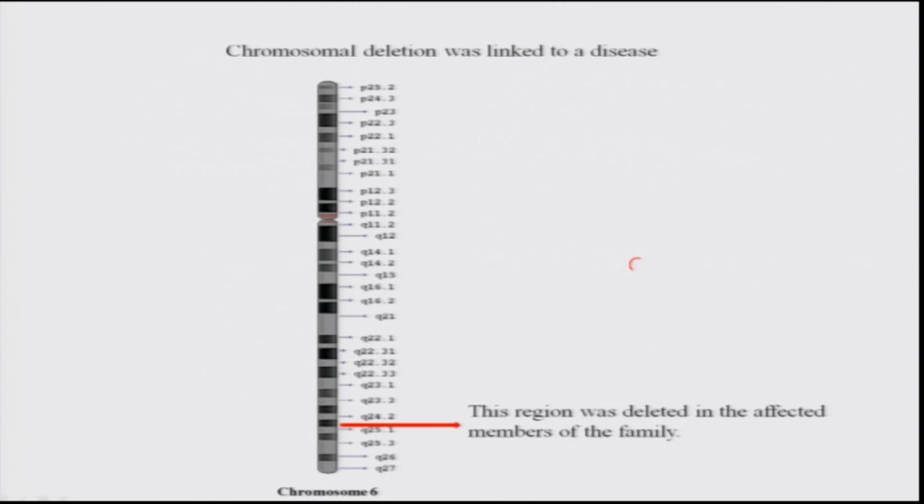Families come for counseling to the geneticists, and they have members who are affected. Suppose this female was affected and she has another sister, and their parents were unaffected.